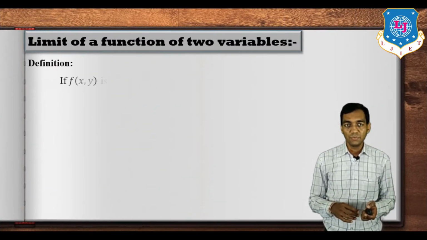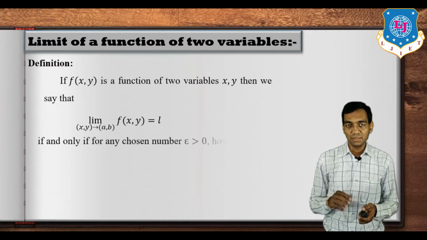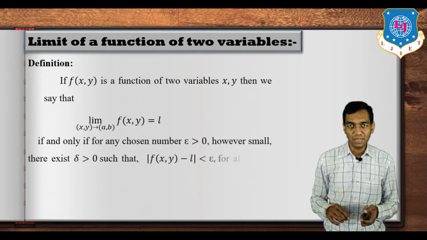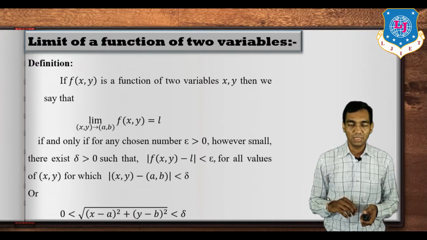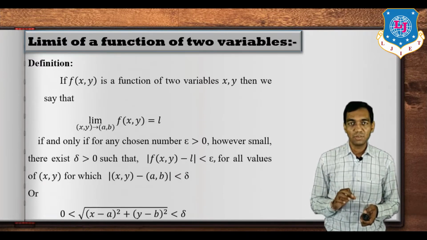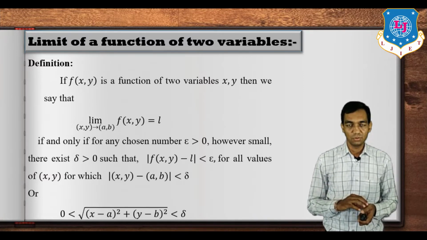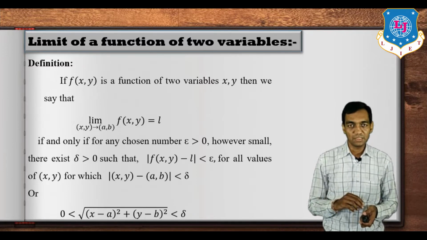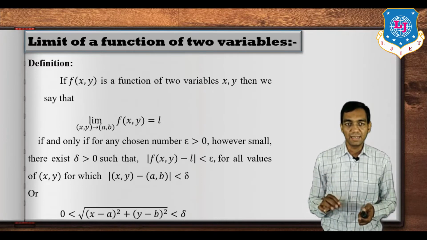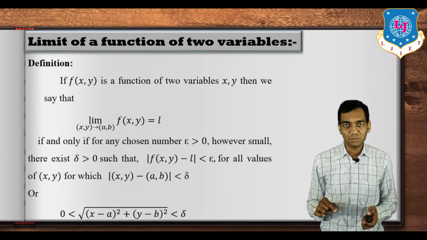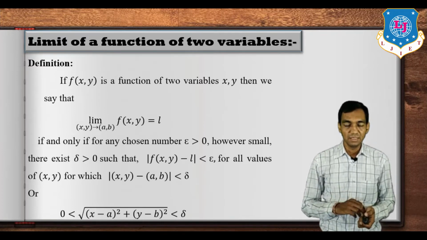To define the limit, if f of x comma y is a two variable function, then we say that the limit of f of x comma y, where x comma y tends to a comma b, is equal to L, if and only if for any epsilon greater than 0, however small, there exists a delta greater than 0, such that mod of f of x comma y minus L is less than epsilon for all x comma y which satisfy mod of x comma y minus a comma b is less than delta.